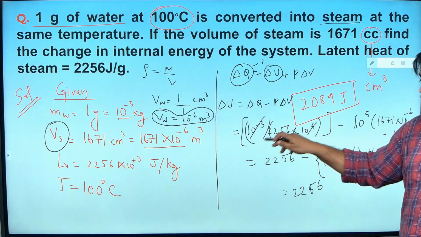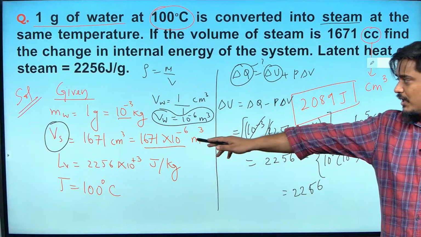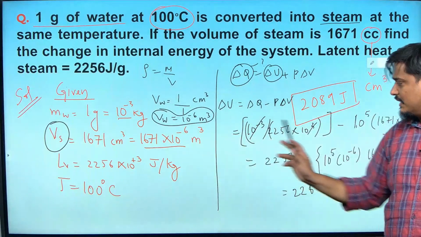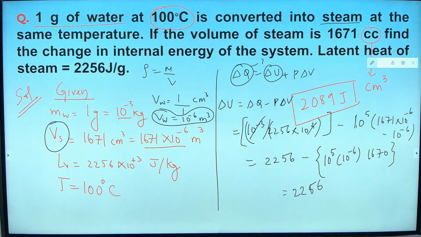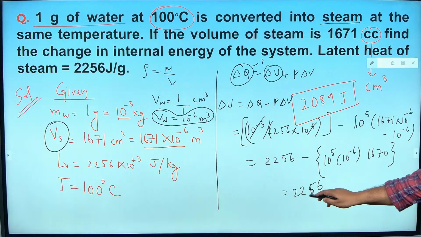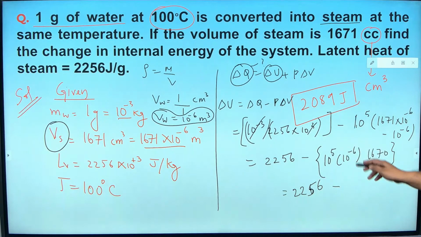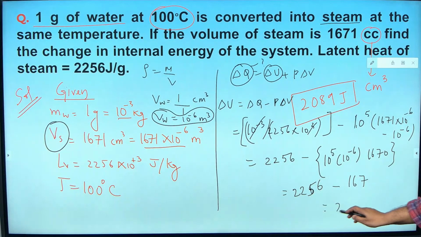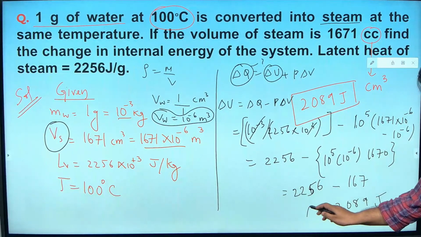ML here, M is 10 to the power minus 3, L is 2256 into 10 to the power 3. It is in multiplication, not M by L, it is M into L. Okay? So 2256 minus, this will become 10 to the power minus 1, so it will become 167. That's all. Yeah, so we get 2089 joules. Is it clear?